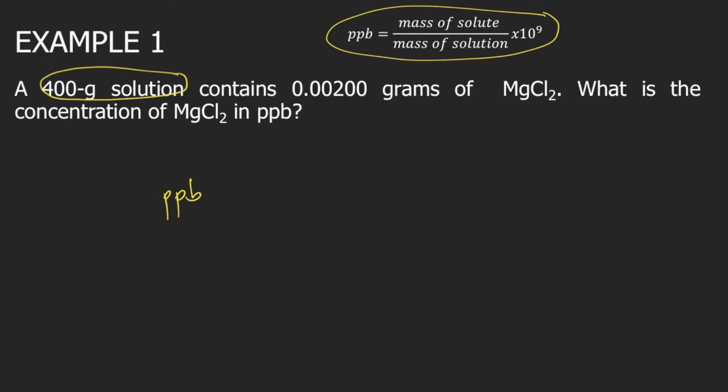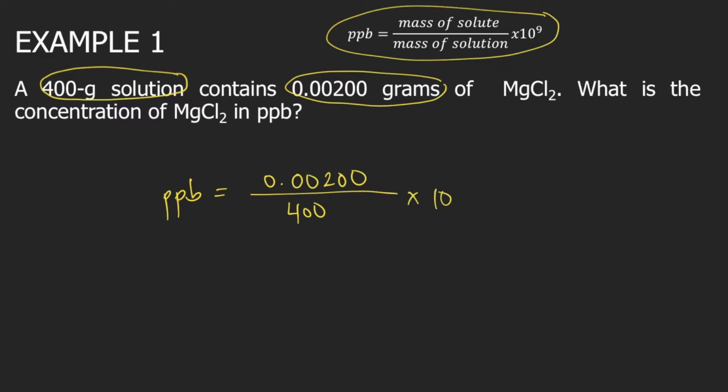PPB is equal to the mass of solute. We are given 0.00200 grams of MgCl2. So MgCl2 is our solute. So you put 0.00200, that's the mass of solute, divided by mass of solution, as I said earlier, 400 grams, times 10 raised to 9.